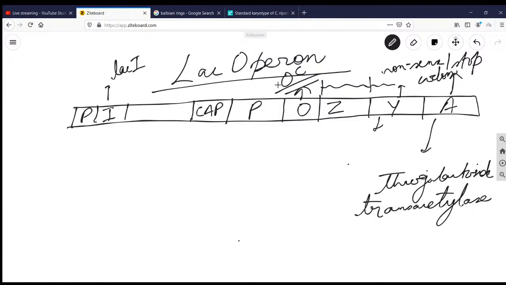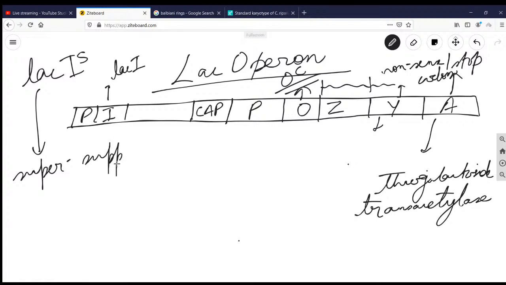So one type of mutation in lac-I gene is known as lac-IS. If you have this kind of mutation, this is known as a super suppressor mutation. Super suppressor means it is such a mutation which will prevent the repressor polypeptide from binding lactose.